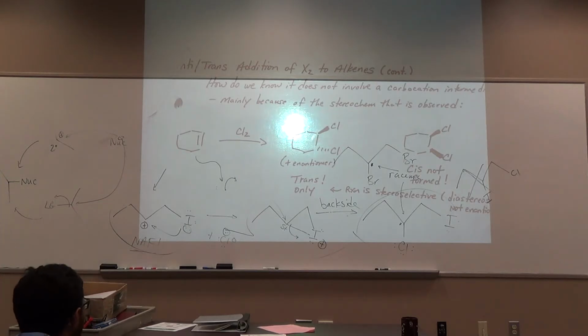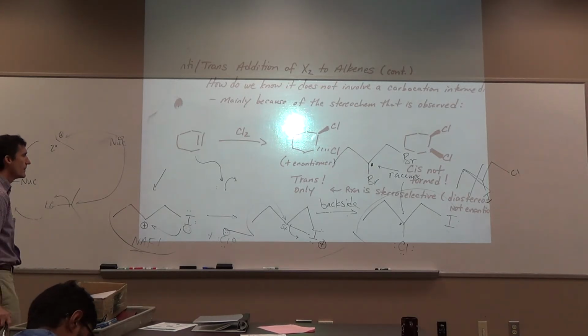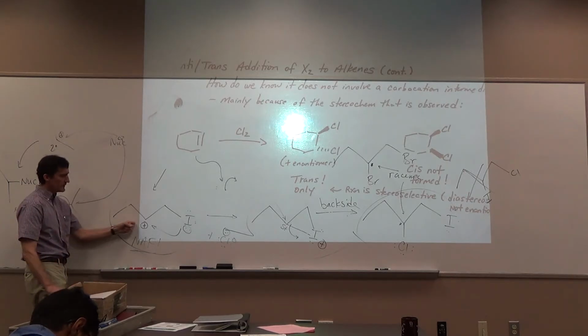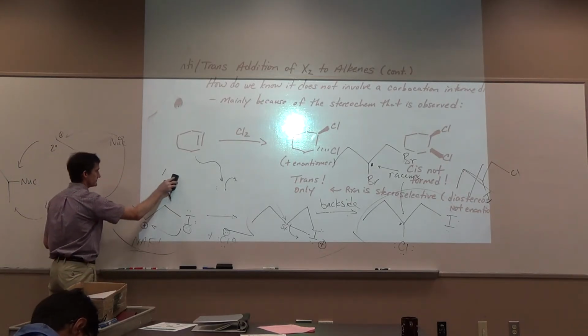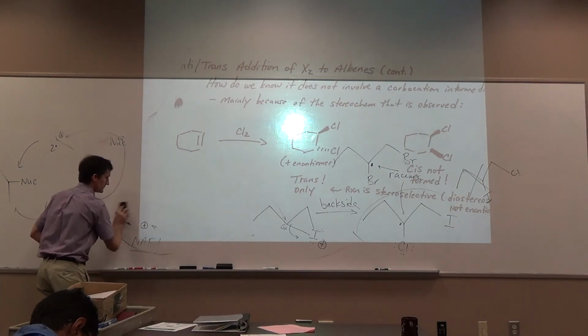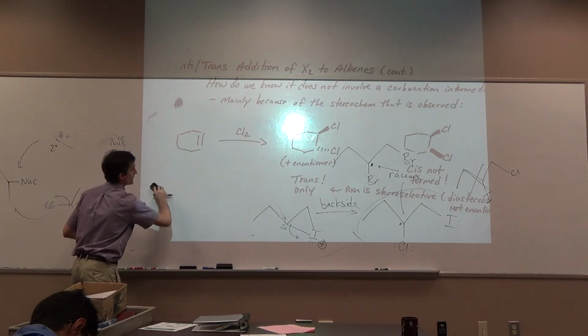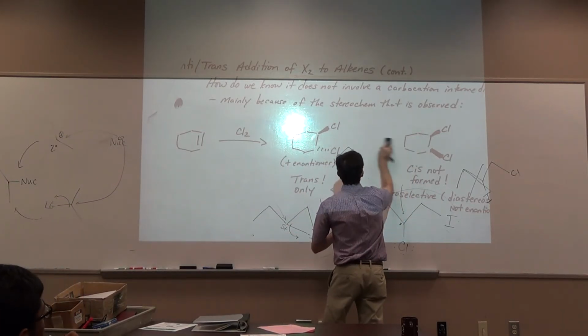Okay, how do we know that this backside attack, the chloronium or iodonium, how do we know this mechanism is right? How do we know there's not actually a carbocation? Well, this tries to explain that.